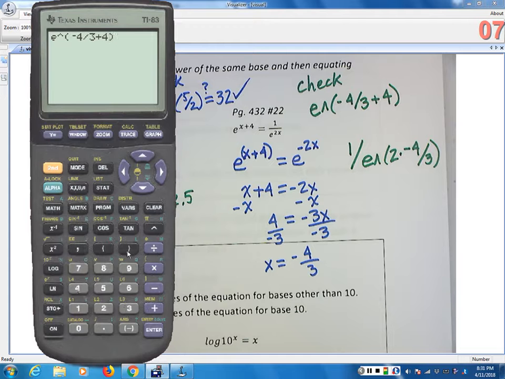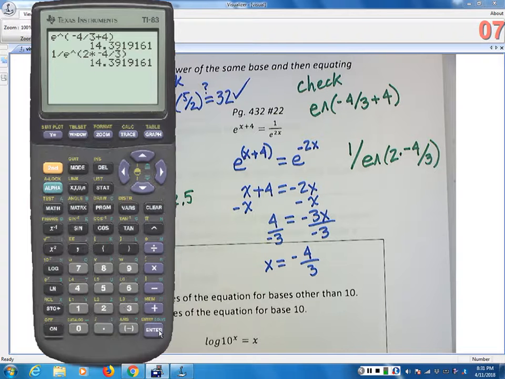That's the left side of the equation. You get that number, 14.3919161. Okay? And then you do 1 divided by second natural log 2 times negative 4 divided by 3. And you get the same number, so that's checked. Guys see that?